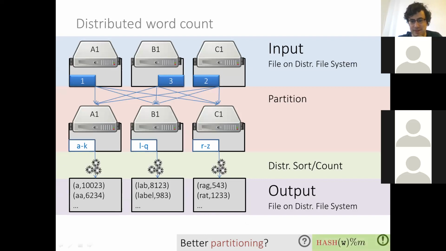We could use a function that hashes the word, which produces an integer, and then does modulo m. So what does modulo m do? It returns the remainder when we divide by that number. So let's say, for example, we hash the word and we get 23, and then we do modulo 5, we would get 3, and then we could assign that to the third machine or the fourth machine, depending on however the mod is defined.